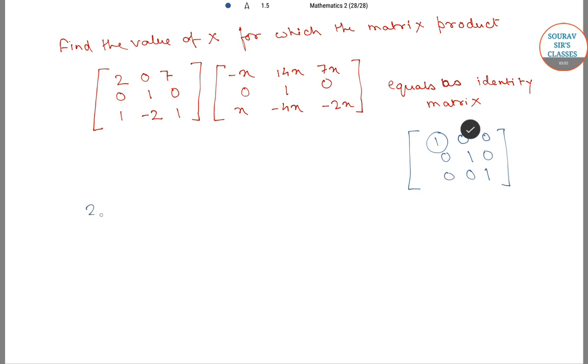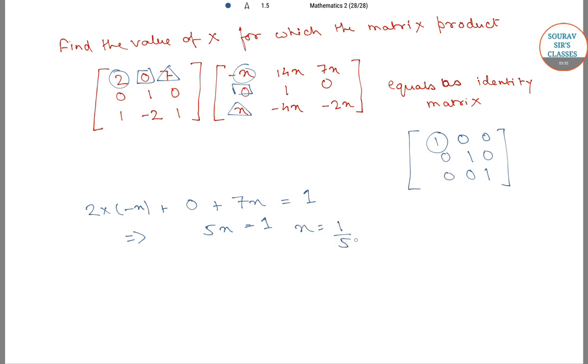Therefore, 2 into minus x plus 0 into 0, that is 0, plus 7 into x, that is 7x, is equal to 1. This implies 5x equals 1, or x is equal to 1 by 5. So we have the value of x is equal to 1 by 5.